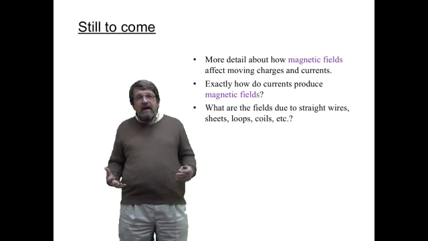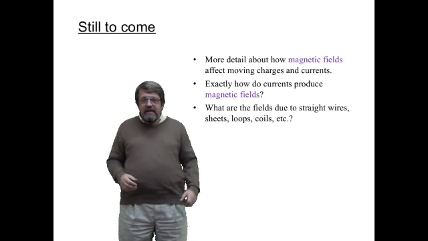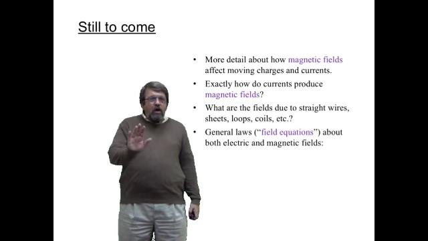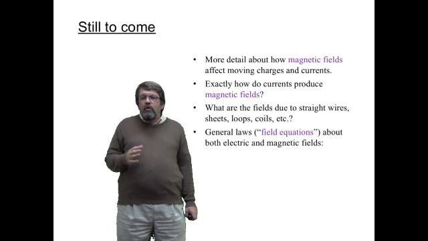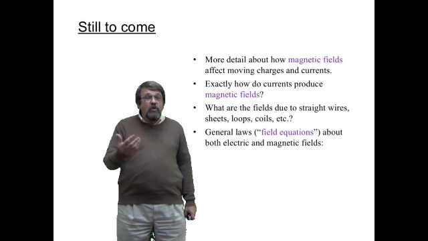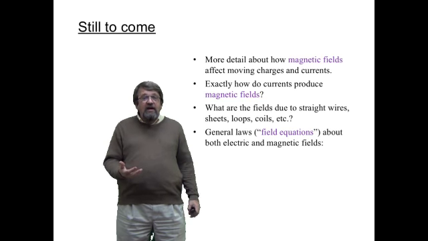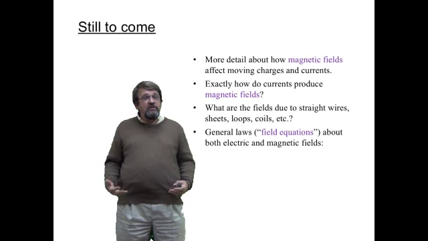We need to know a lot about how different arrangements of current generate magnetic fields. But we also need to go deeper. We need to describe the general laws, the field equations that govern both electric and magnetic fields and connect electric and magnetic fields together.